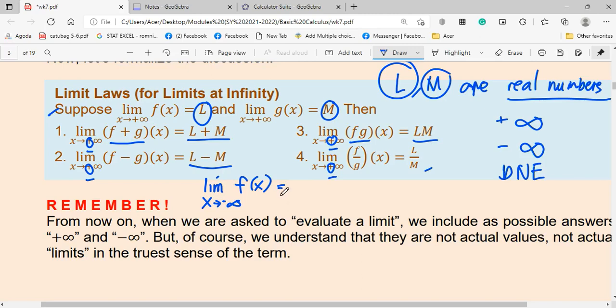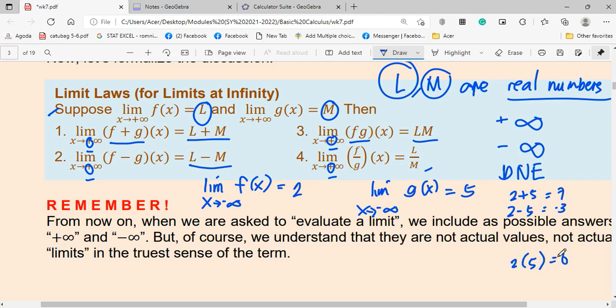Okay, the limit of f of x as x approaches negative infinity is equal to 2, and the limit of g of x as x approaches negative infinity is equal to 5. Then in addition, 2 plus 5 is 7. In subtraction, 2 minus 5 is negative 3. In multiplication, 2 times 5 is 10. And when you divide, 2/5.